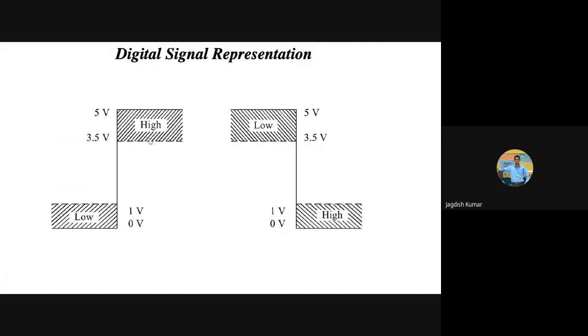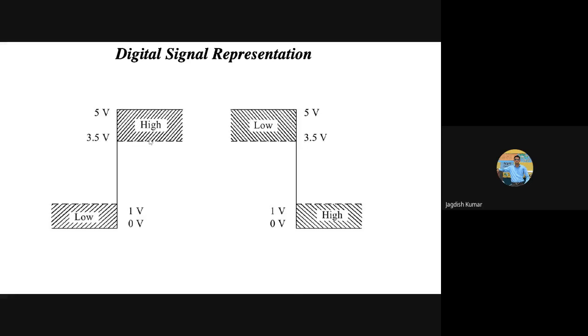Either it is 0 or it is 1. It doesn't mean 0 means 0 volt and 1 means 1 volt. No. We decide two states of the circuit. Like, if it is between, say, 0 to 1 volt, we will say the circuit is in low state. So that is where that flexibility comes into picture.